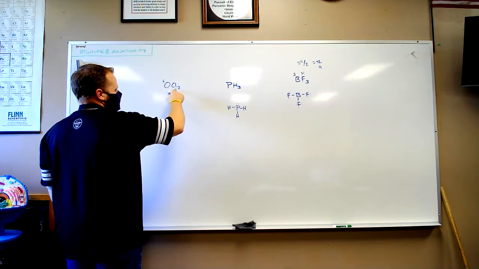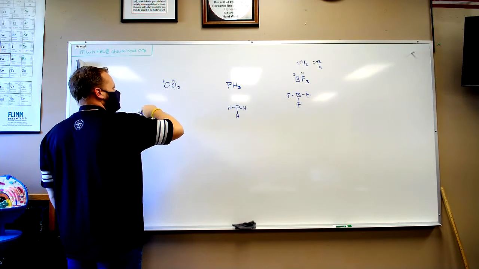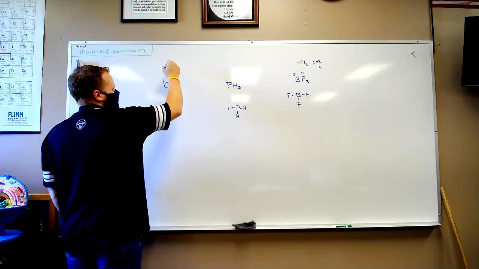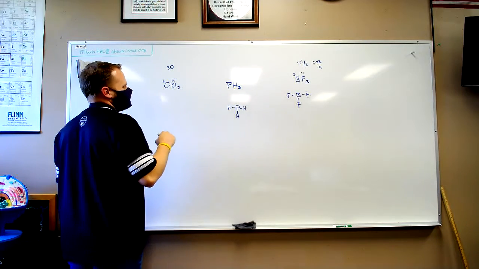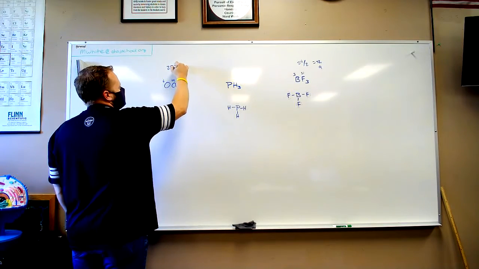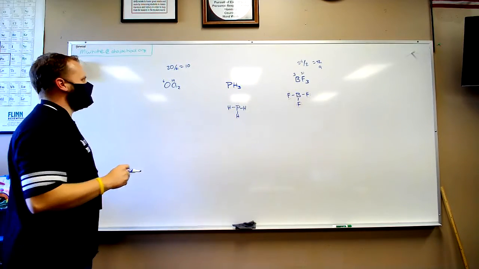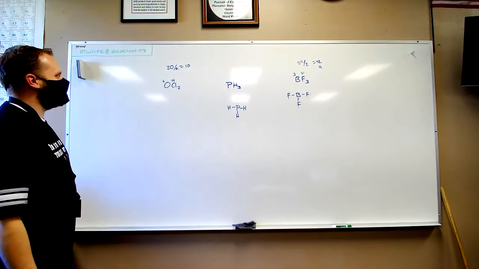Chlorine, they each have 7, so we have a total of 14. So we have a total of 20 electrons that we need, which means divided by 2 equals 10 pairs that we need to figure out what we're going to do.